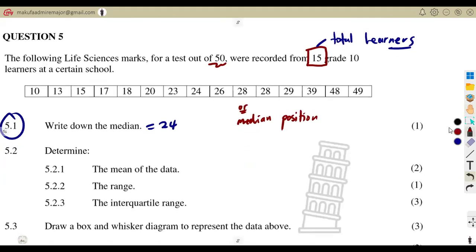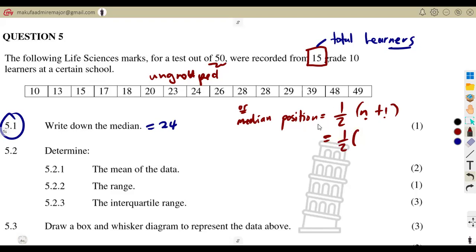This is ungrouped information. So on ungrouped, you have to use half of n plus 1. You must use plus 1 this time. There you were just using half of n, half of the distribution. Here you must use half of n plus 1 to locate the position first.